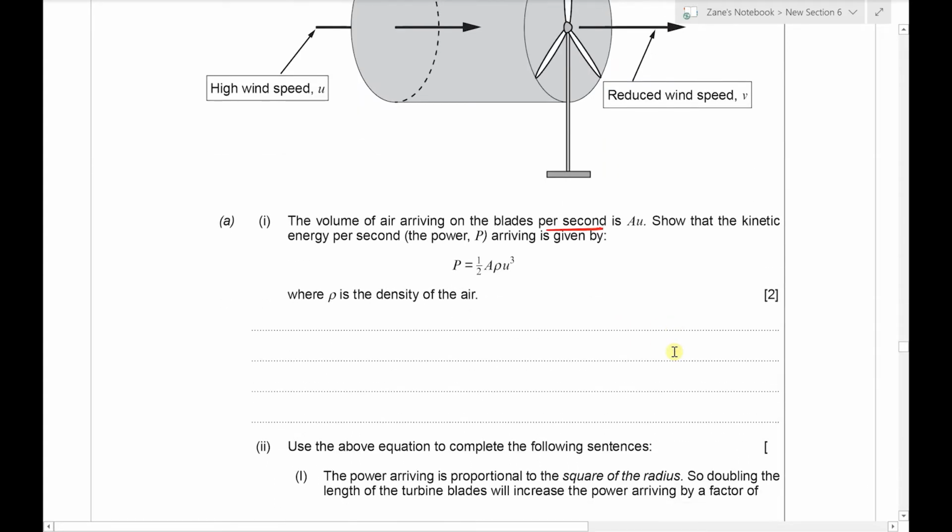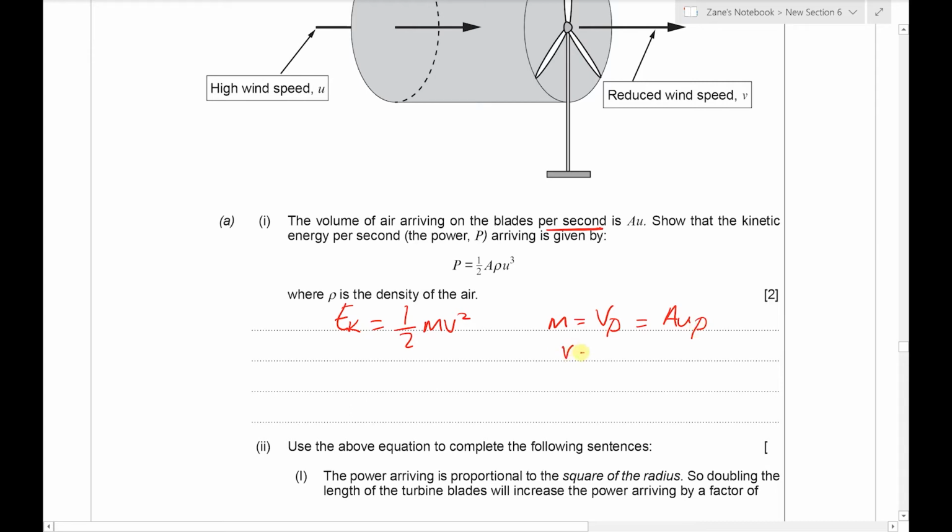We've got to show that the kinetic energy per second, or the power arriving into that wind turbine, is given by P equals 1/2 A rho u cubed. Well, kinetic energy is half mv squared, so we're going to be using that. Here, the mass is going to be the volume times the density. The volume we've already been told is Au, and the density is rho.